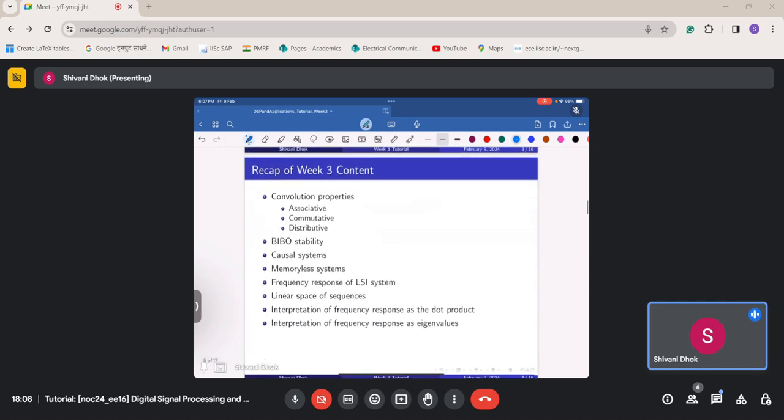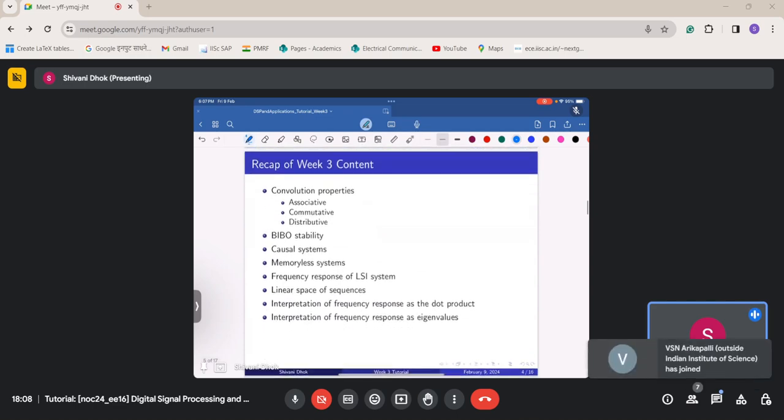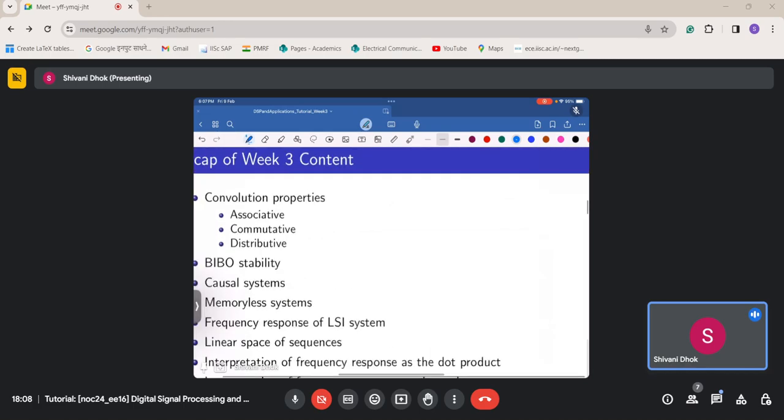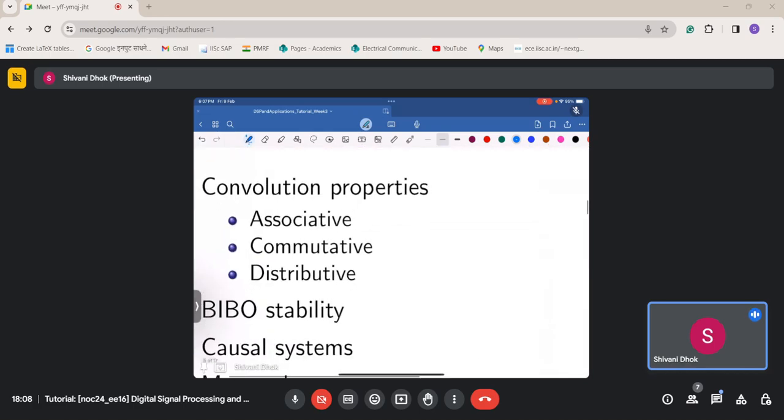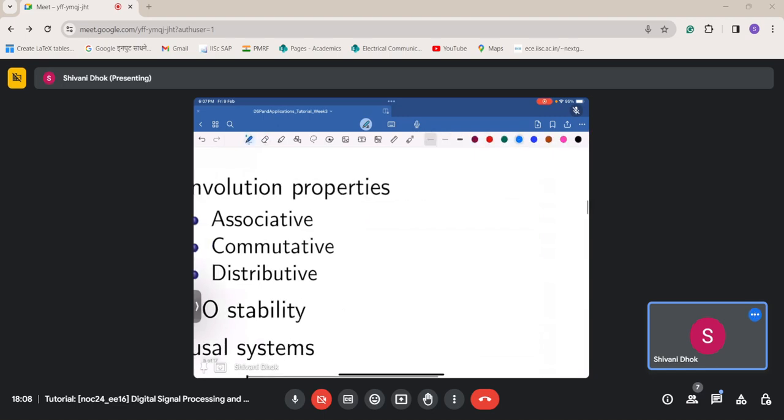So this week 3 started with some properties of convolution. Basically we showed three properties of convolution. The first one is the associative property. What it says is, if I have an input, let's say xn, then I convolve with another system.